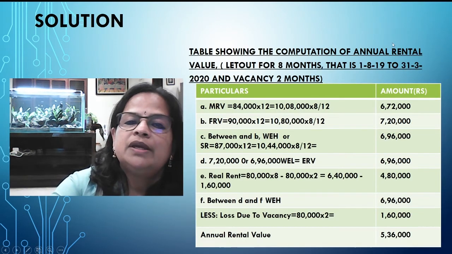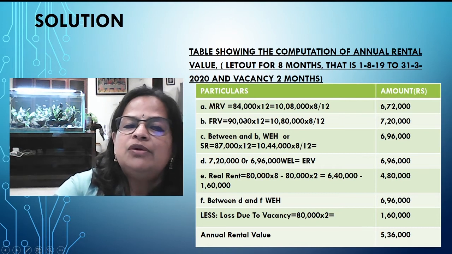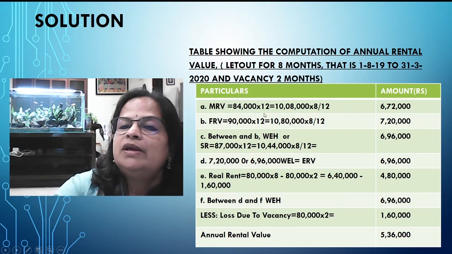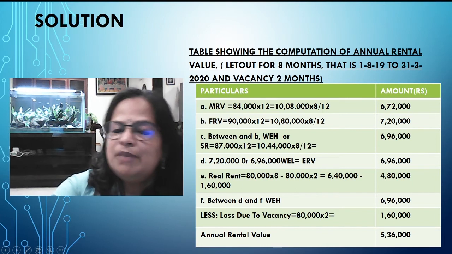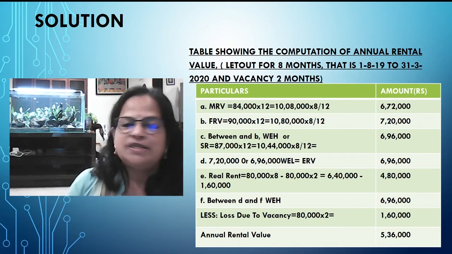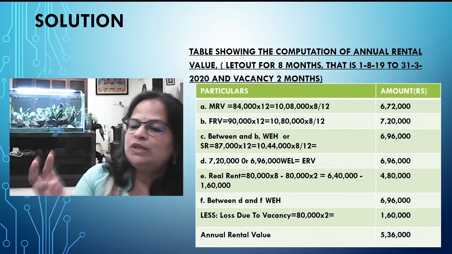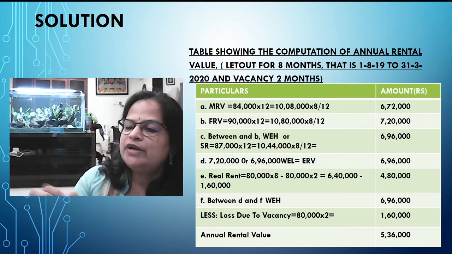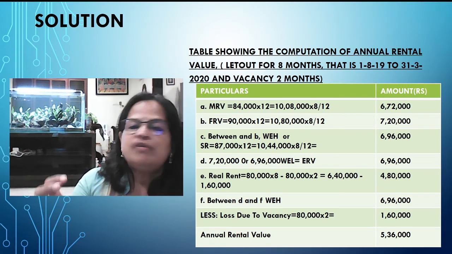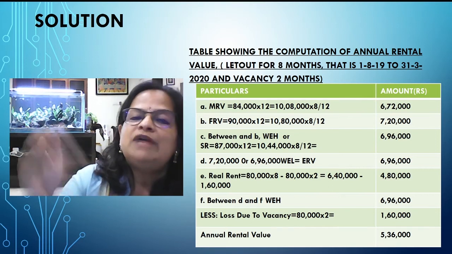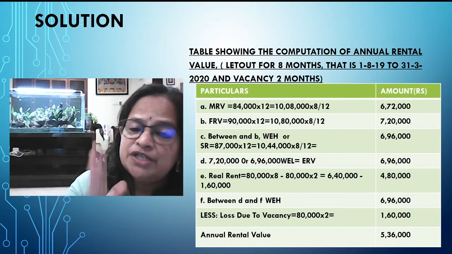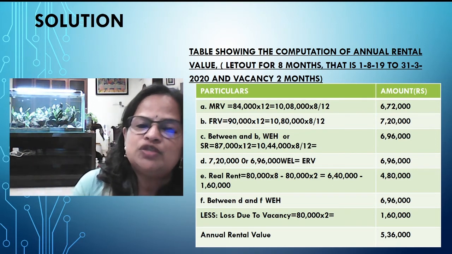So here municipal rental value 84,000 into 12, 8 months. The house property is completed by July, so 8 months you will get: August, September, October, November, December, January, February, March. So we have to reduce the value to 8 months. It's completed in July, so from 1st August onwards we have to take the value.